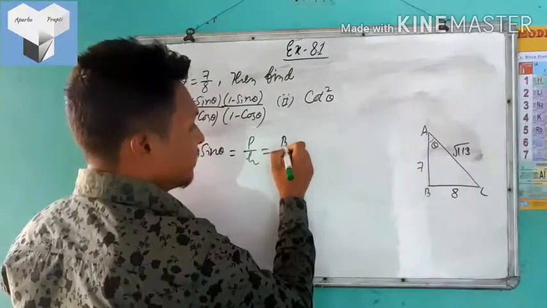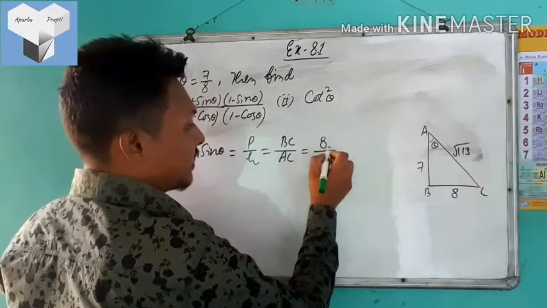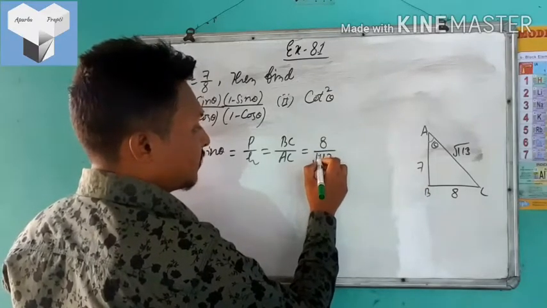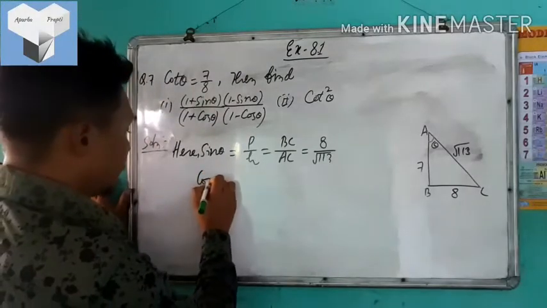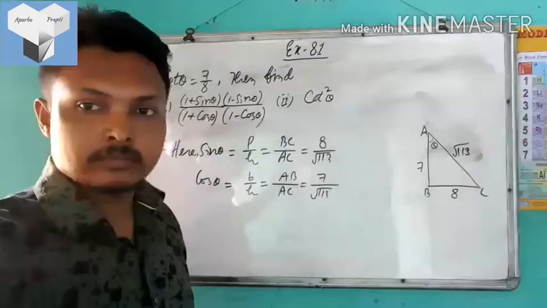Perpendicular is BC, hypotenuse is AC. BC is given as 8 and we have found AC as square root of 113. And cos theta is B by H, that means base by hypotenuse.